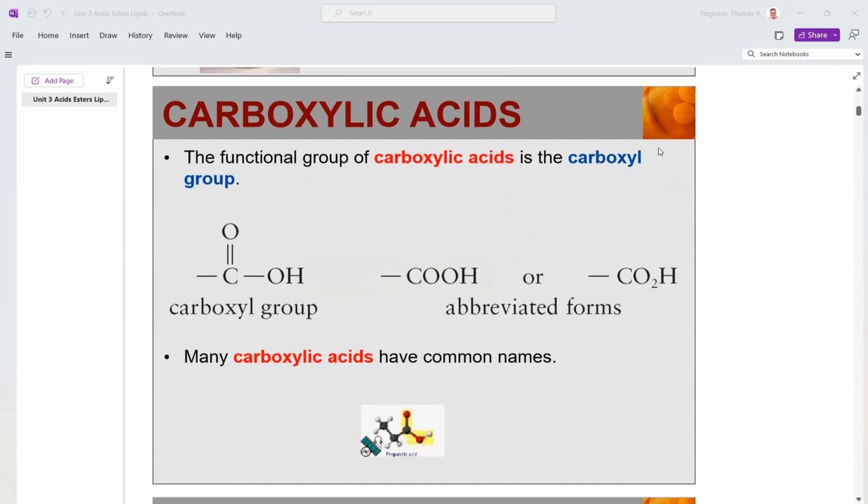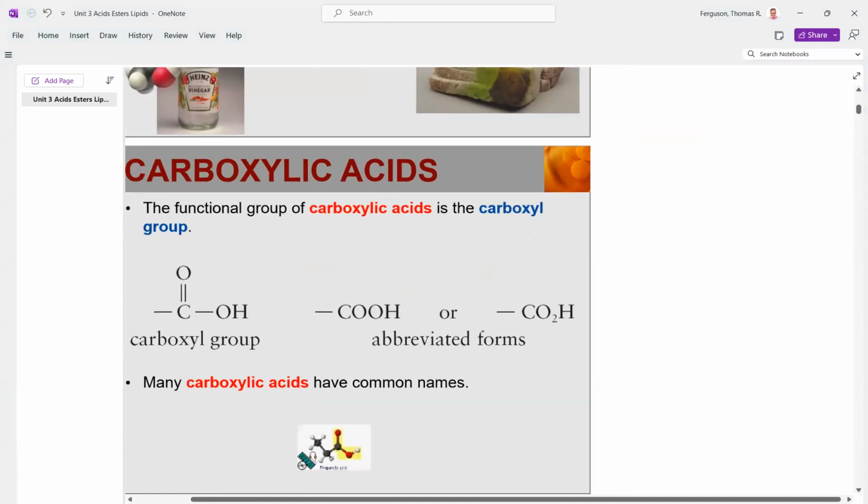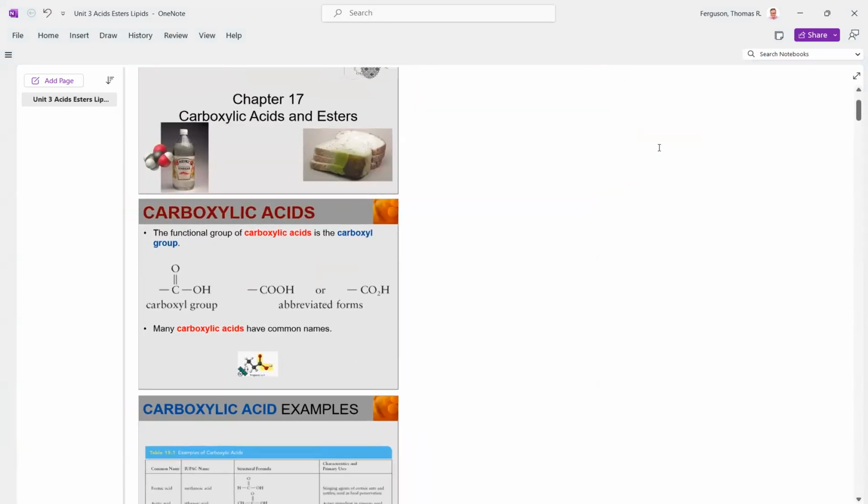First of all, you need to know what an acid is. All of you have had 305, but you might not remember what an acid is. There are a lot of definitions for acids. This is the definition we're going to be using.